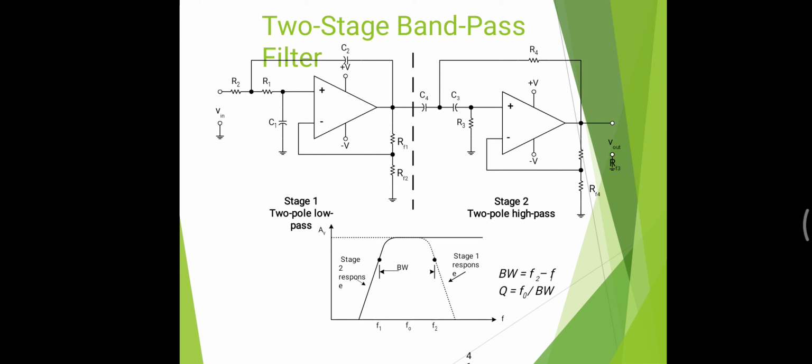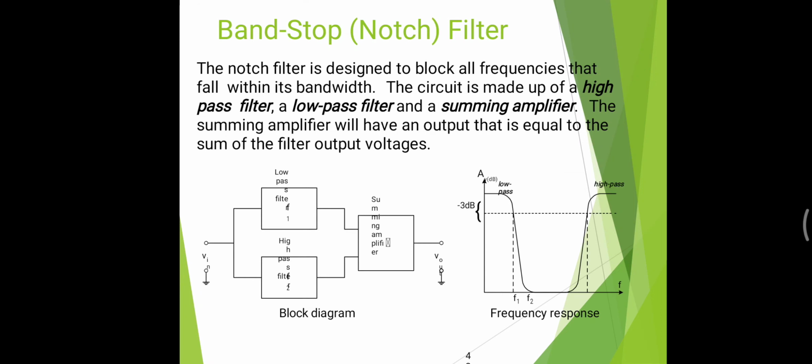We get BW equal to F2 minus F1, and Q equal to F0 divided by BW. And then if we look into the band stop filter, that is the notch filter, the notch filter is designed to block all frequencies that fall within its bandwidth. The circuit is made up of a high pass filter and a low pass filter and a summing amplifier. With these filters, we can make the circuit.